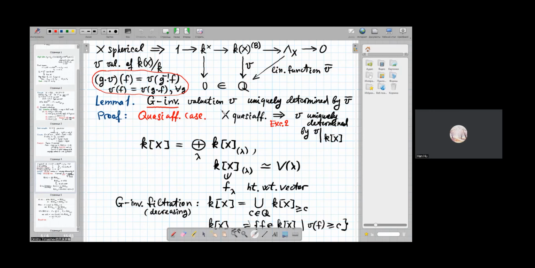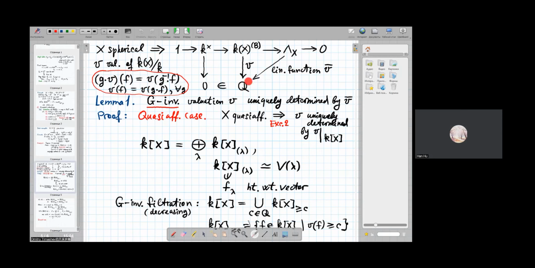So it means that every G invariant valuation V on the rational function field just comes from V on the gamma X, right? Every G invariant valuation comes from this V bar. Yeah. But you have also to describe those V bars which correspond to valuations.